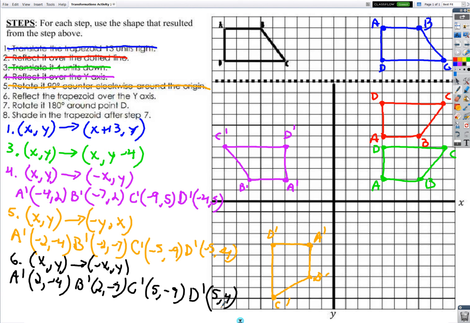So we got a 2 and a -4. That's what A prime turns into. B prime is a 2 with a -7. C prime is a 5 with a -9.